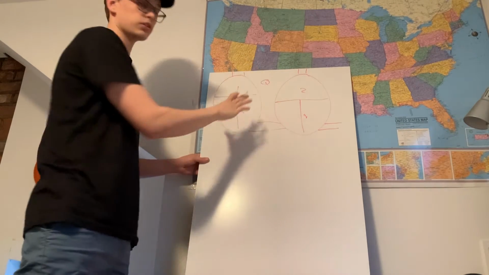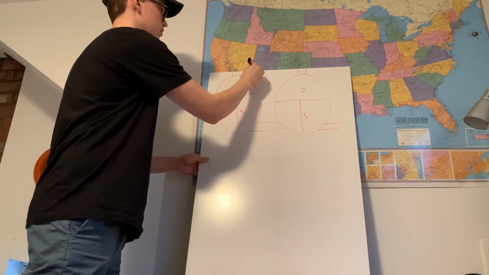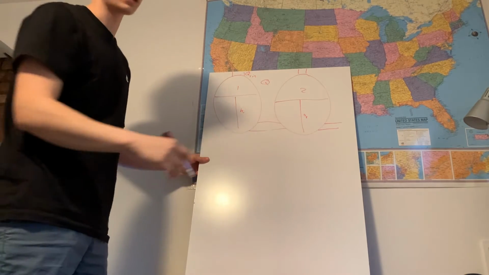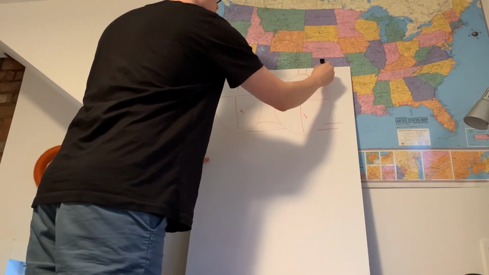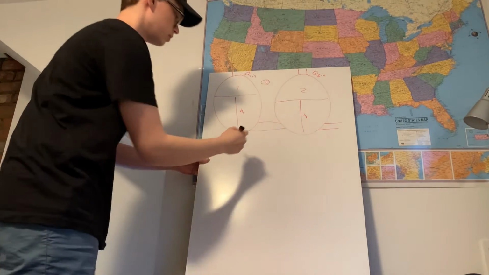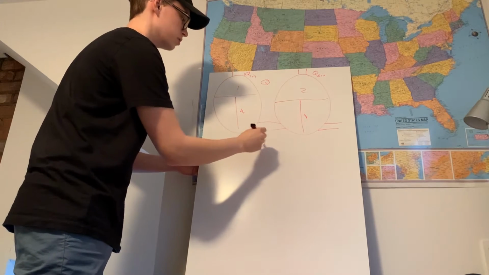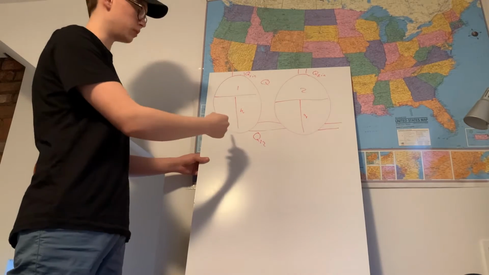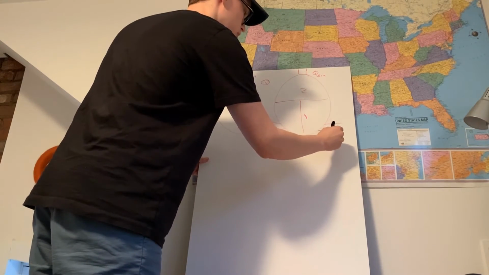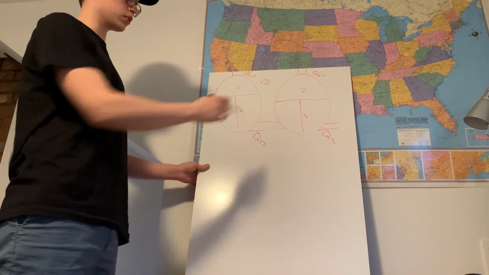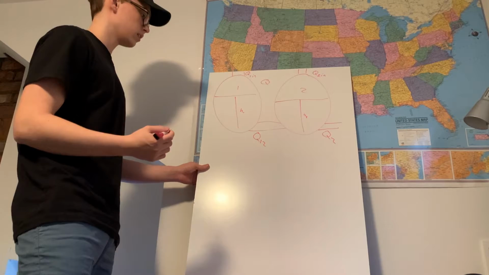So we have several different flow rates. We have Q1 in, the inlet to tank 1. We have Q2 in, the inlet for tank 2. We have Q12, which is the flow rate between tank 1 and tank 2. And then we have Q2, the flow rate of liquid leaving the second tank.